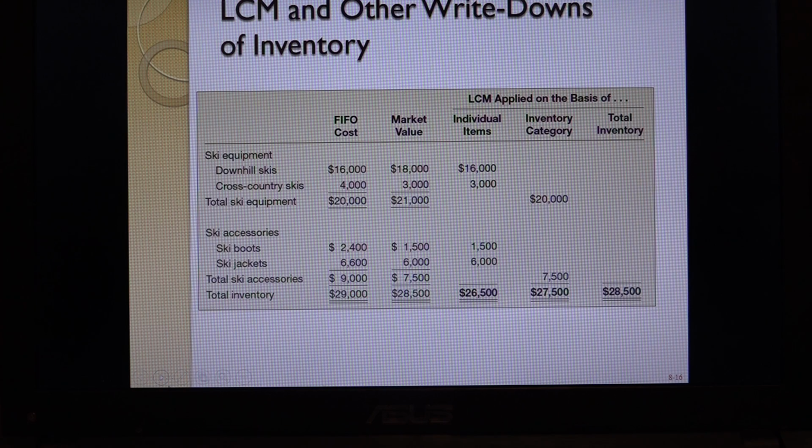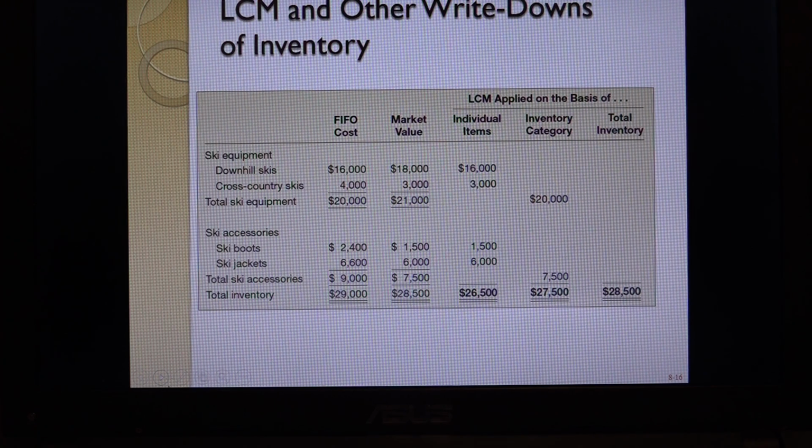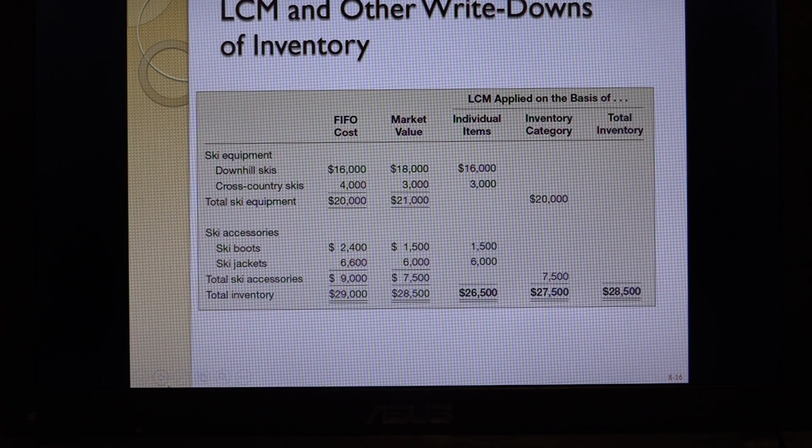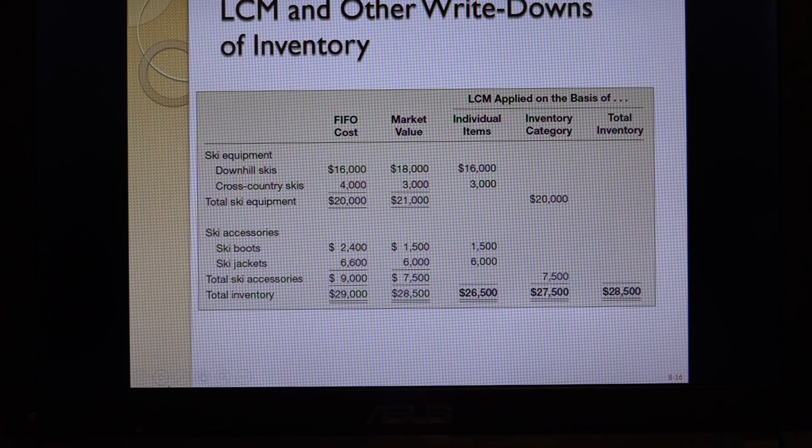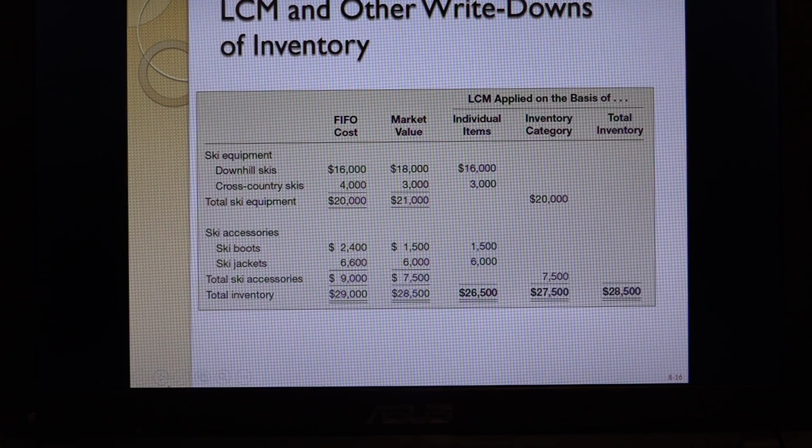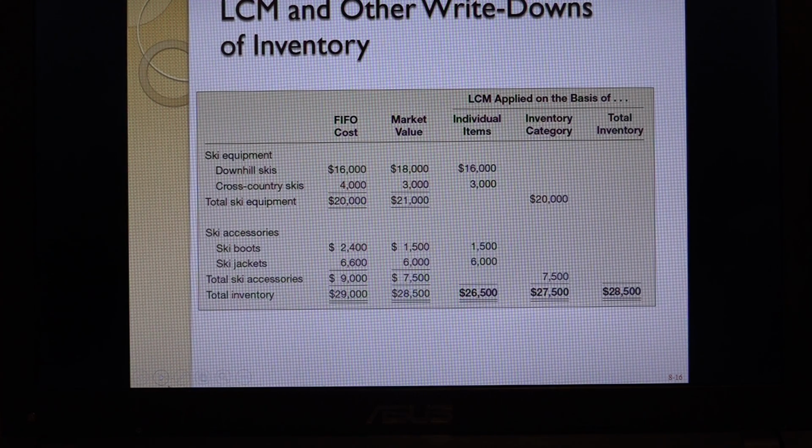And so you can do this a couple of different ways. You can do this as individual items, and what you would do is compare the cost to the market value of the individual inventory items. And when I say items, I mean subcategories of inventory. So in this case, under ski equipment, you have one subcategory of downhill skis. You look at the lower of cost or market.